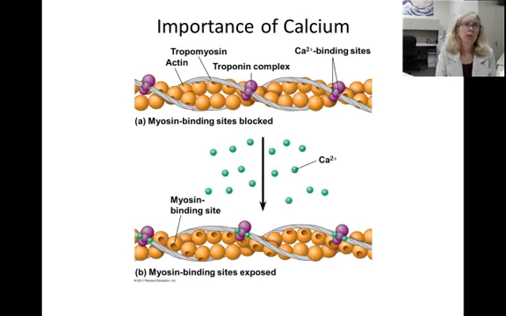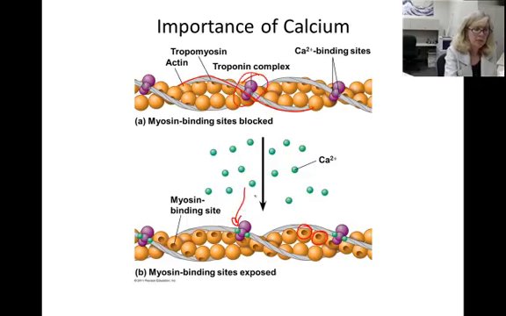Myosin can only bind to actin on specific binding sites, shown here as little pits. But these active sites are normally covered over by a regulatory protein called tropomyosin that looks like a long string. If calcium is present in the cytosol, the calcium binds to a protein called the troponin complex. You can see calcium bound right here.